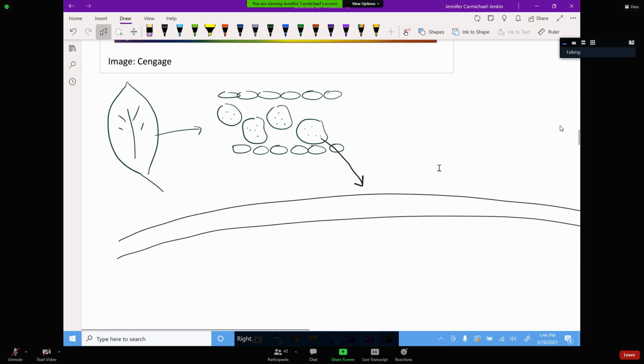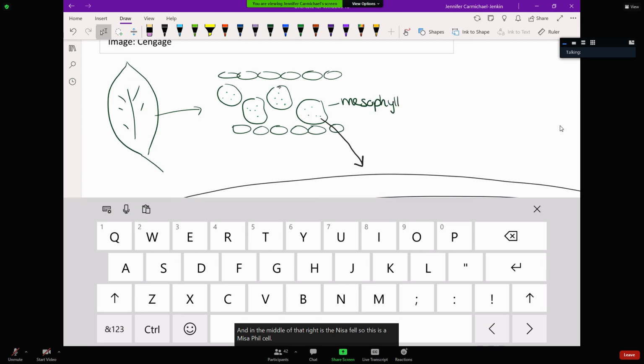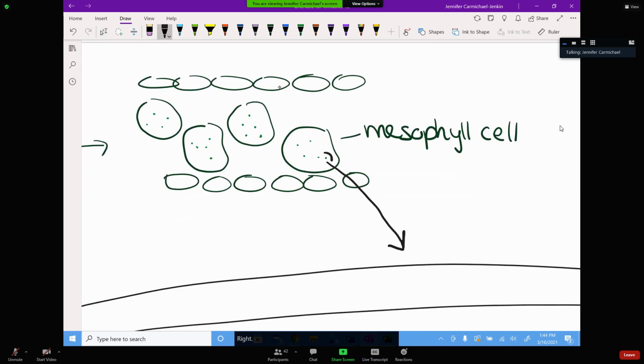All right. So we're going to make a drawing just like we did for cellular respiration. So we're zoomed in. Okay. So here's my amazing leaf cell. And in the middle of that is the mesophyll. So this is a mesophyll cell. And that little green dot is the chloroplast. So this little green dot is what we're zooming in on, and that's the chloroplast.